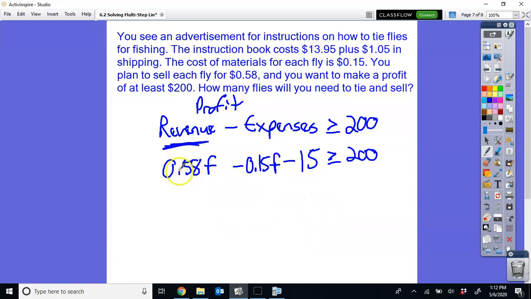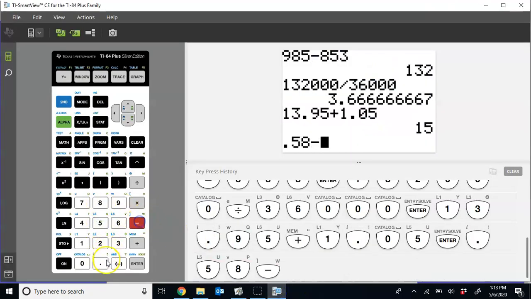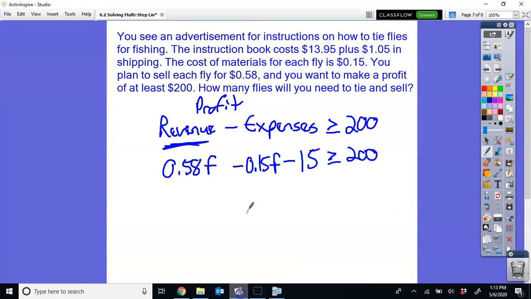So if you subtract 0.58F minus 0.15F, again, use your calculator to help you with decimals, 0.58 minus 0.15, you get 0.43. Now think about what that means. That means 43 cents per fly is how much profit I make off of just the flies.